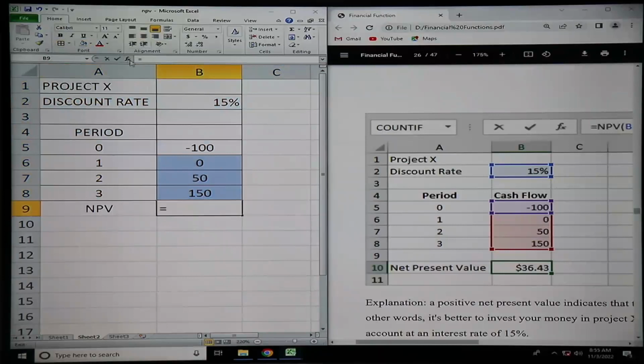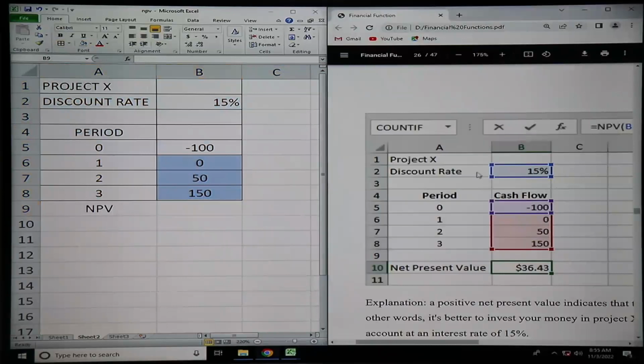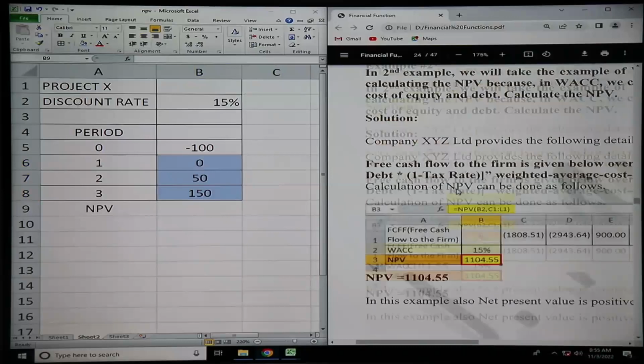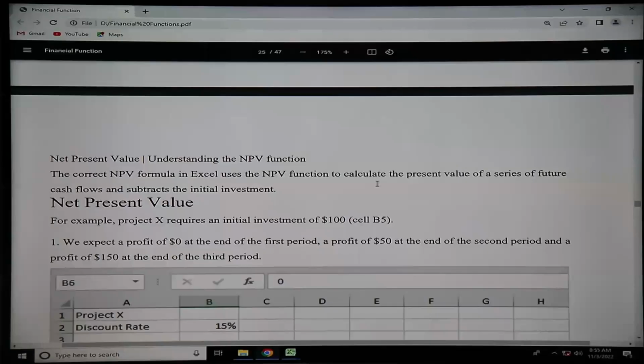Remember our formula for calculating the net present value: you calculate the present value of a series of cash flow, then subtract the initial investment.